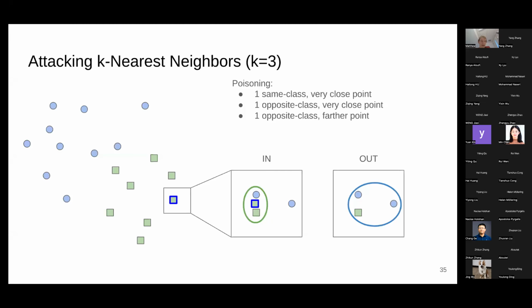And so you'll see that it correctly classifies this point if it is in the training set. But if it's out of the training set, then the tie is going to be broken by this nearby opposite class point. And so you're going to get that the classification is incorrect on this example. And so this perfectly distinguishes between the in and out settings, and you can do perfect membership inference here.